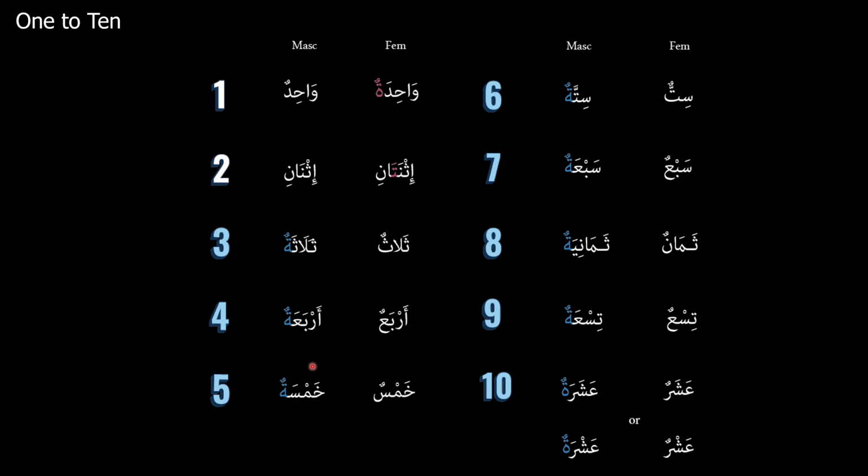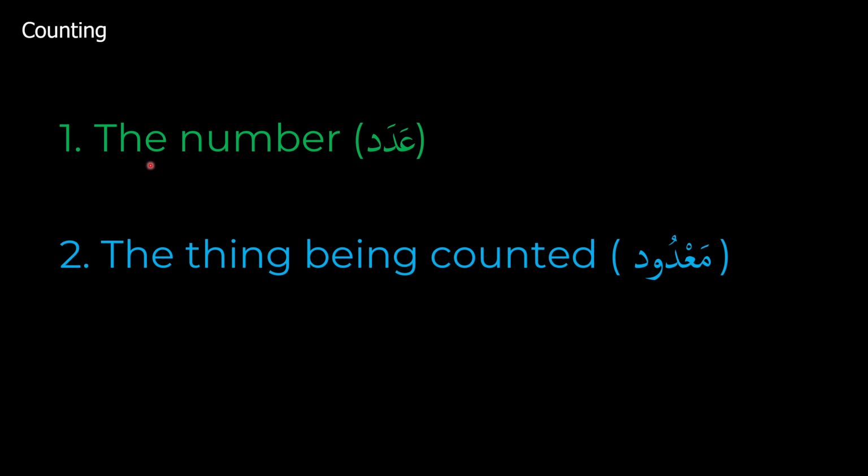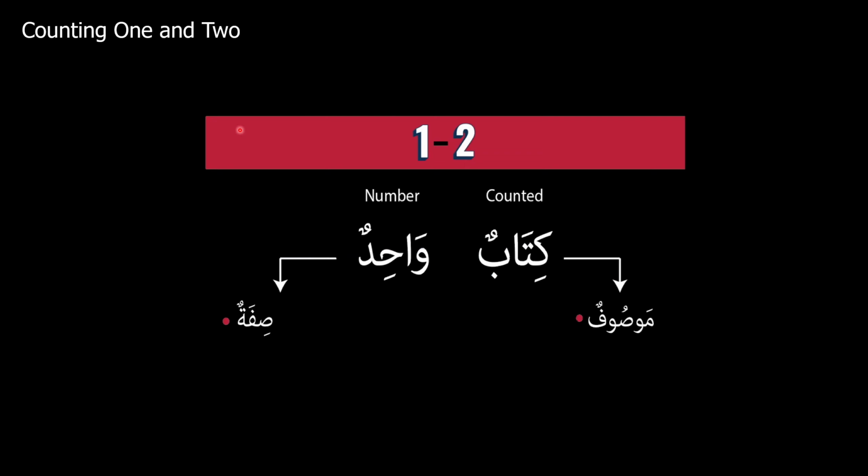So now let's take a look at how numbers work when counting something. So when counting, you always have the number, which is the adad, and then you have the thing being counted, right, which is called the ma'dud. So for example, when counting for 1 or 2, you have the counted, which comes first.